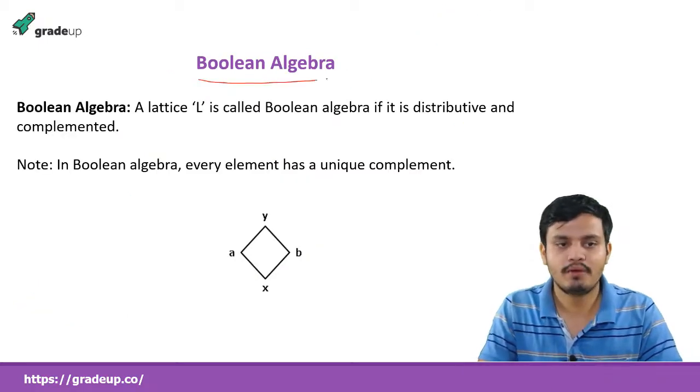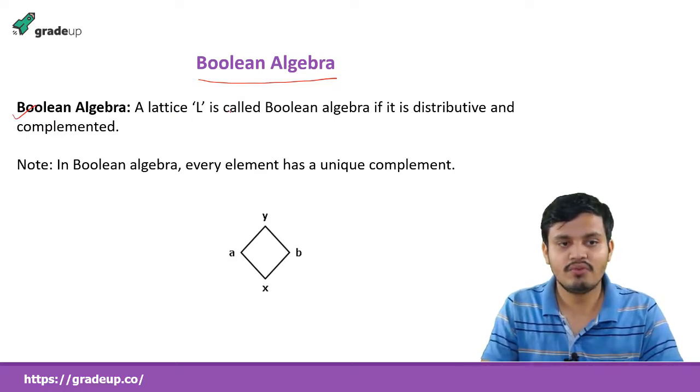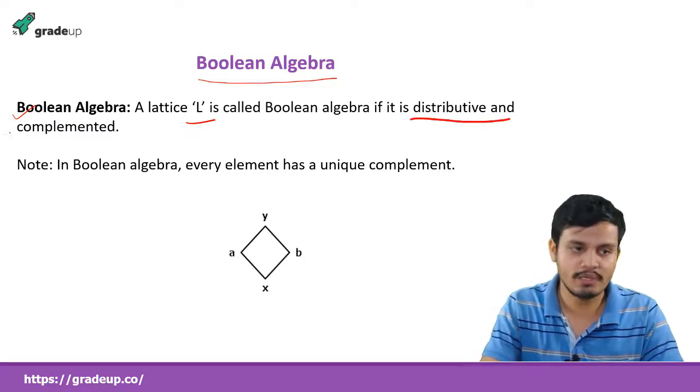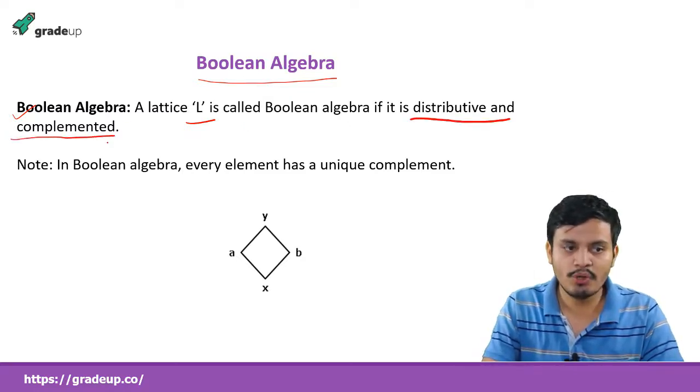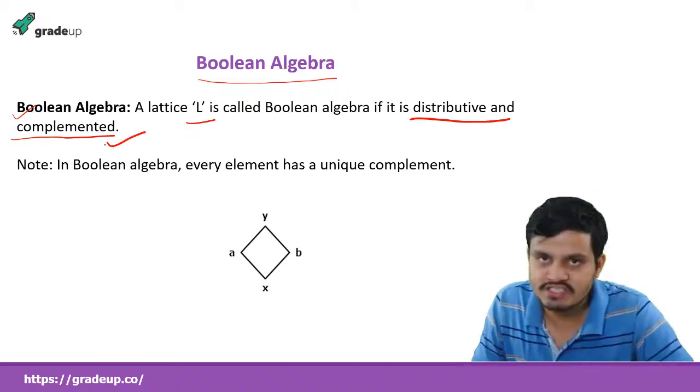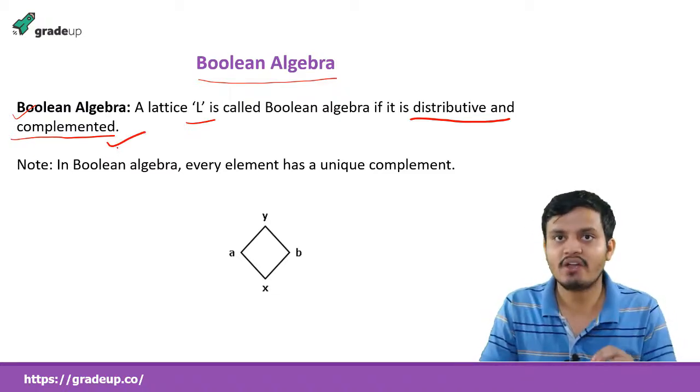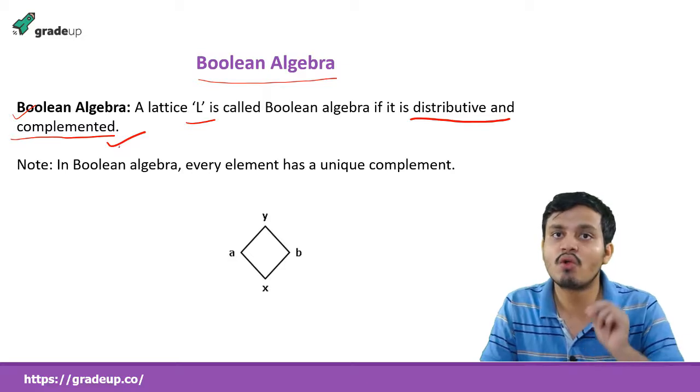Boolean algebra. So what is Boolean algebra? A lattice L is called a Boolean algebra if it is distributive and complemented. So it should be complemented. What does complemented say? Complemented says that for every element you must have a complement.